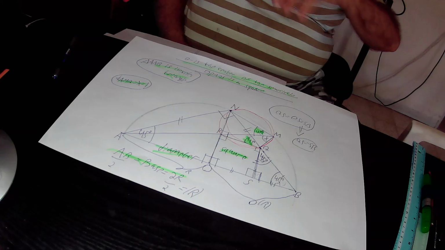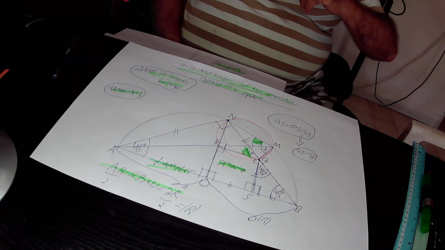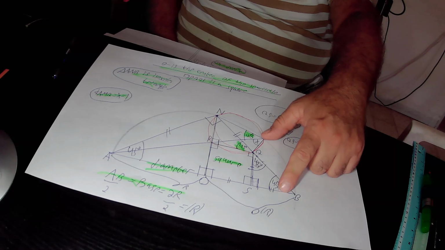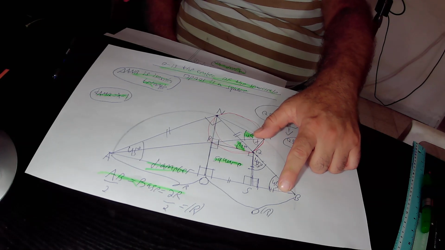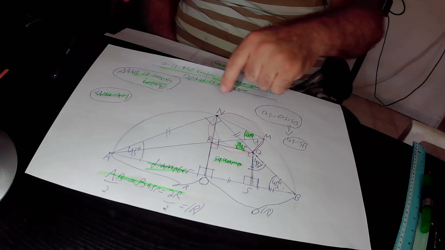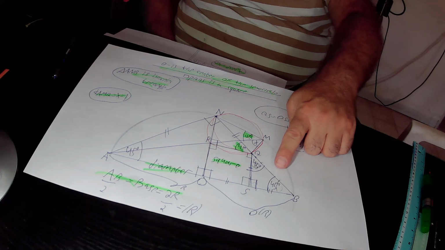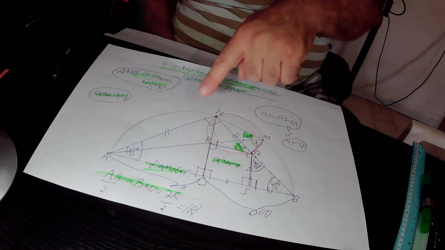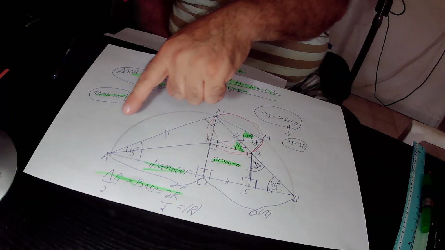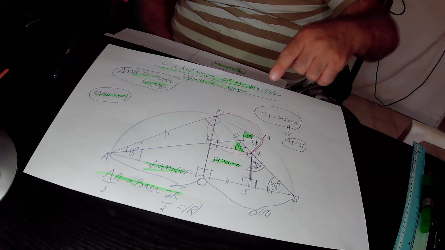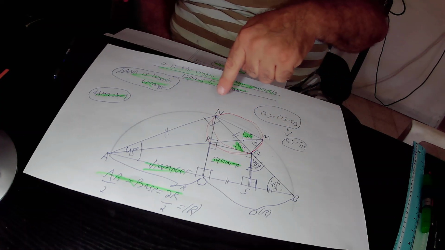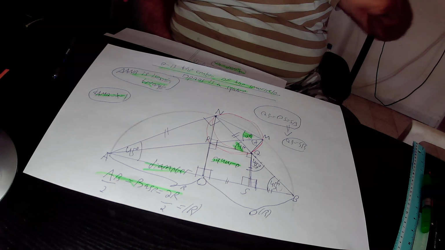Okay. Now we have those two angles that both subtend on chord AN. This is angle ABN, angle ABN subtends on chord AN. Likewise, this is angle AMN, angle AMN also subtends on the same chord AN.